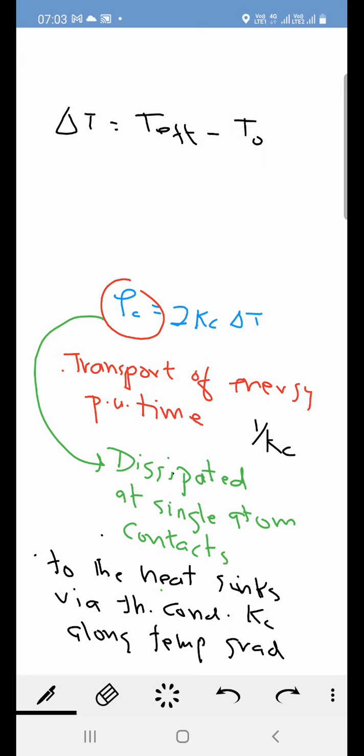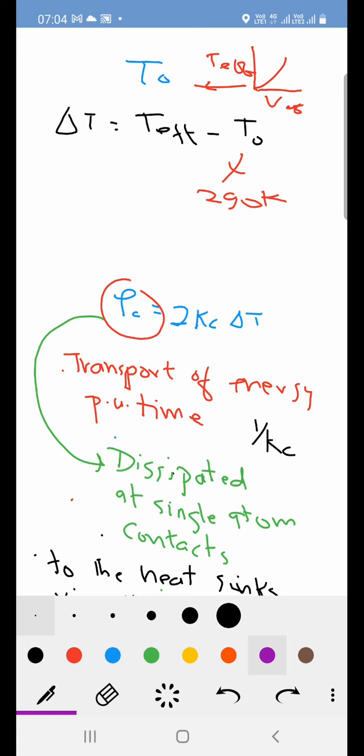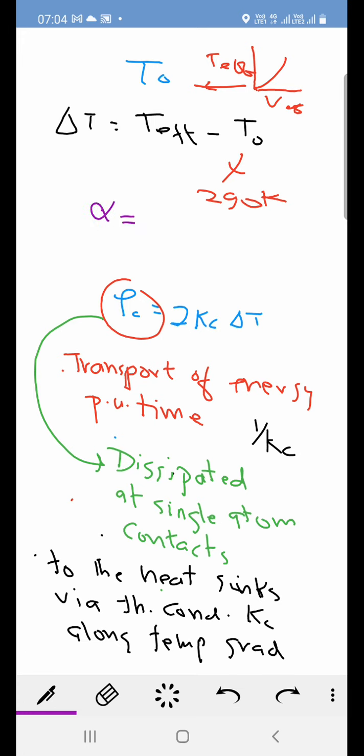The T0 is the ambient temperature, and it is 290 K. And as mentioned, in the diagram, T effective versus V effective, this is the lowest temperature. This is where the T0 is at 290, and alpha, as in this case, is a constant which is equal to 280 K square by V square.